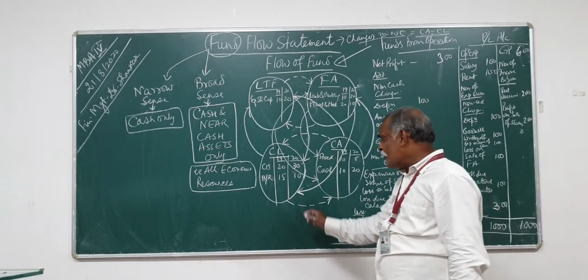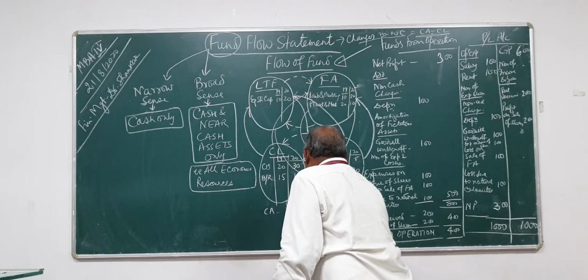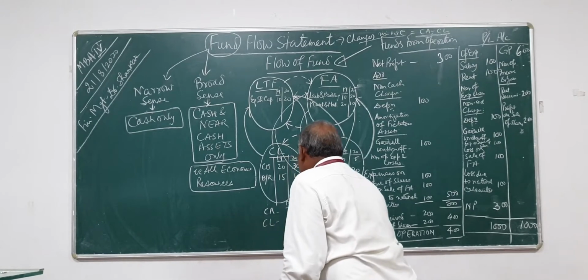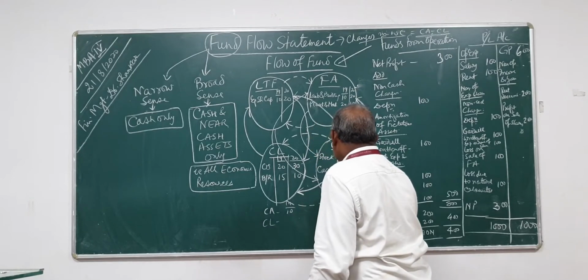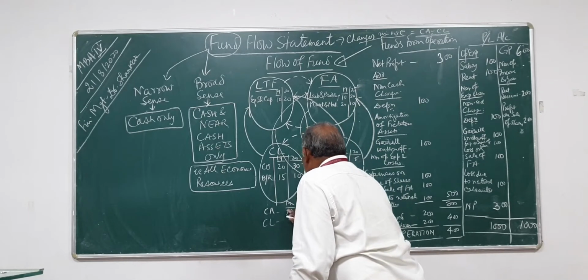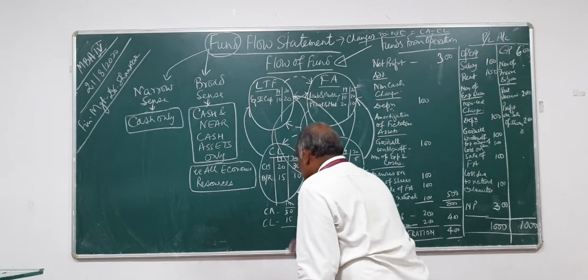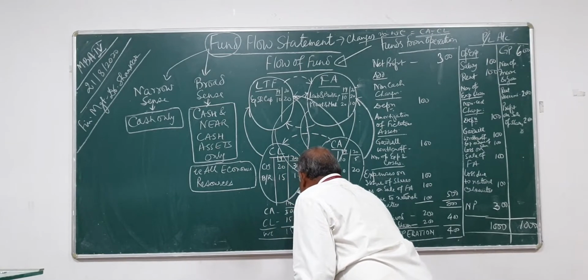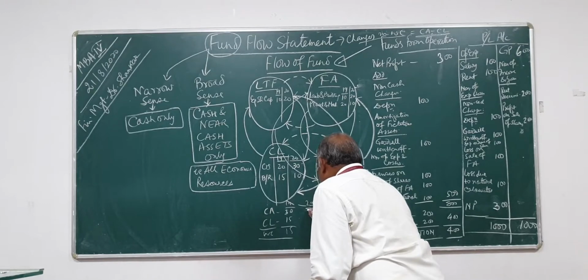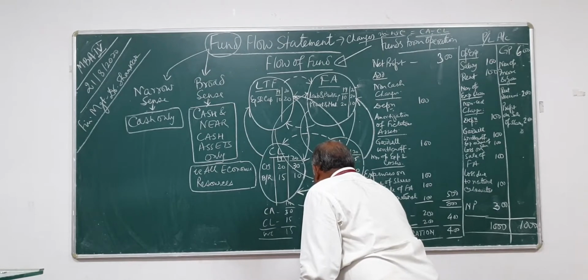Is that clear? Suppose current assets in 2019 is 30 and current liabilities is 15. Suppose the working capital is 15. And in 2020, suppose this is 35 and this is 20.